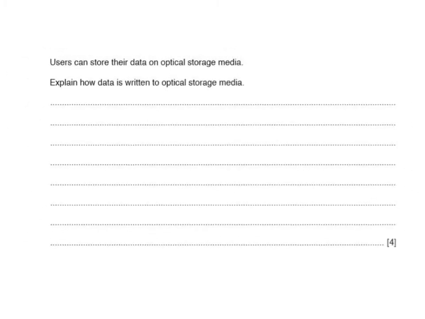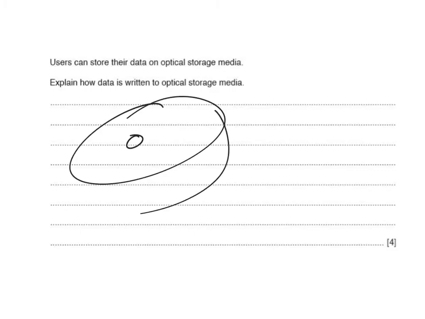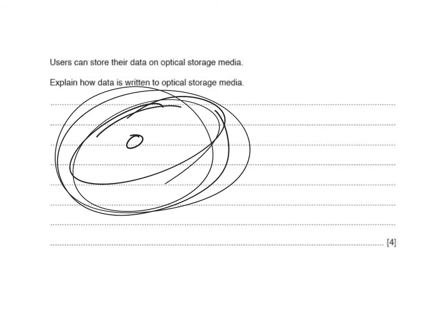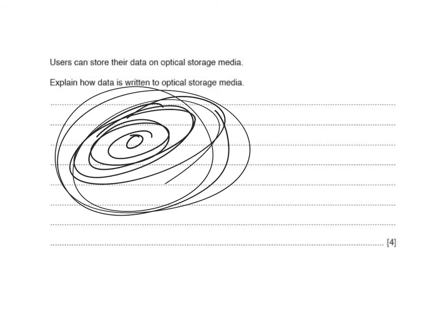Explaining how data is written to optical storage media. We already covered that in the previous question. So again, we've got that disk that is obviously spun. We've got that single spiral where we make the indentations on the surface at the points where we want to put data, and it's called burning.